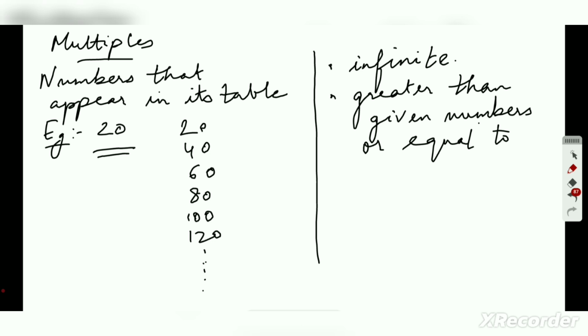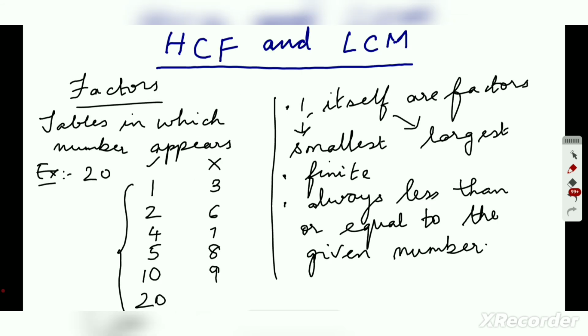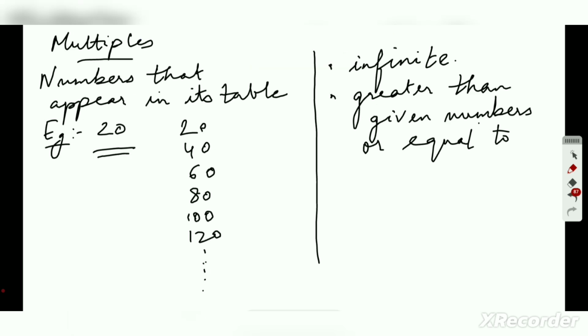There is no chance that a multiple is going to be less than the given number. So the basic difference between multiples and factors is that factors are finite and always less than or equal to the given number, whereas multiples are infinite and greater than or equal to the given number.